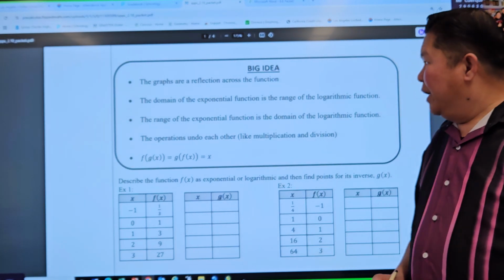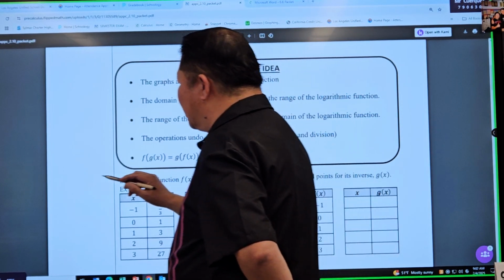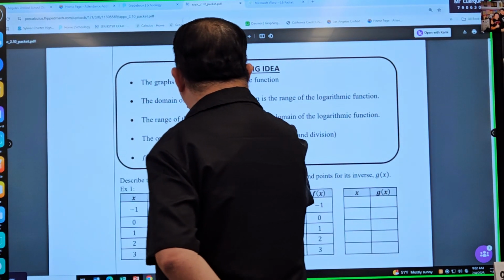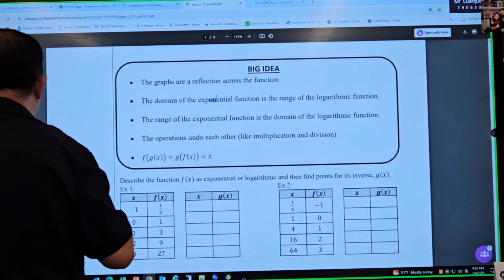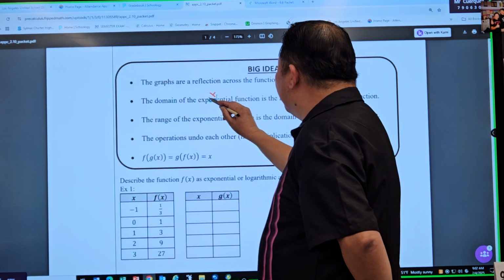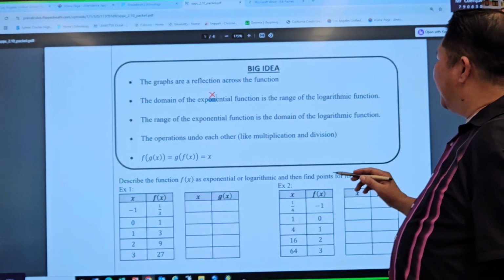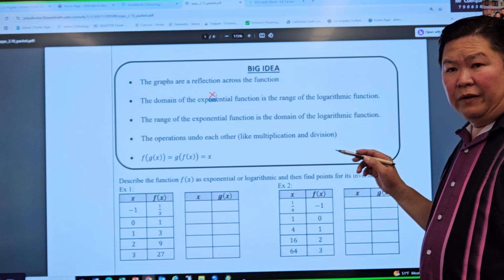X, right? So the domain of exponential function is the range of logarithmic function.